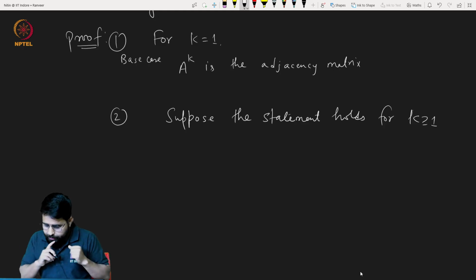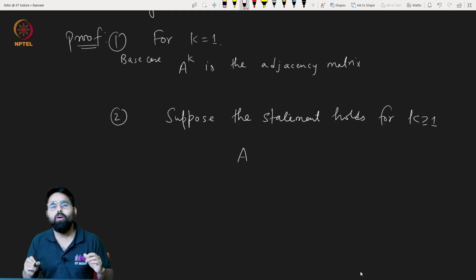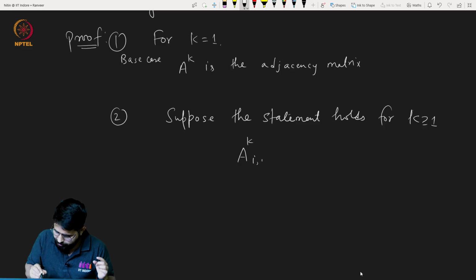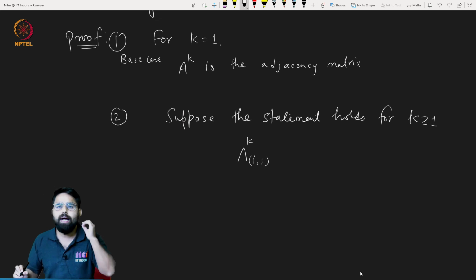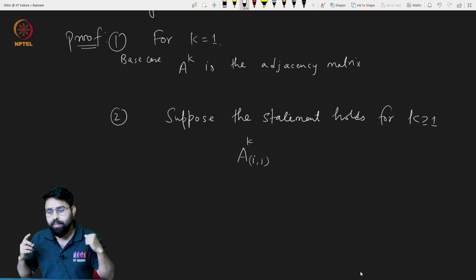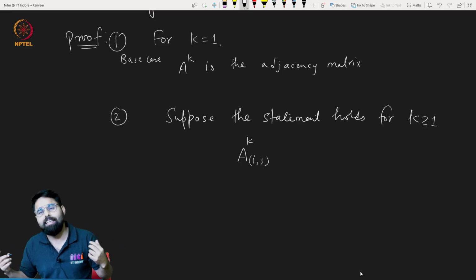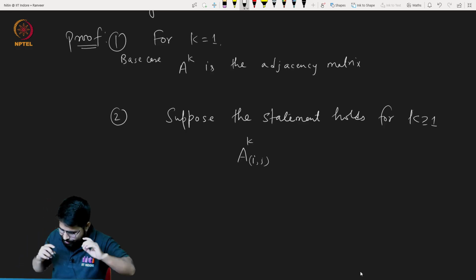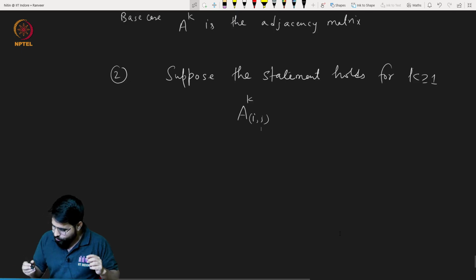That means the number of walks of length k between vertices i and j is given by this quantity. Now we will prove that the number of walks of length k plus 1 between vertices i and j is given by the ijth entry of A to the power k plus 1. Let us analyze why this happens.